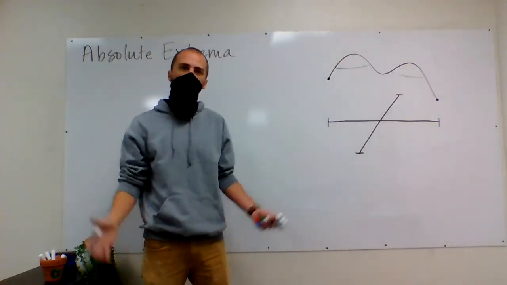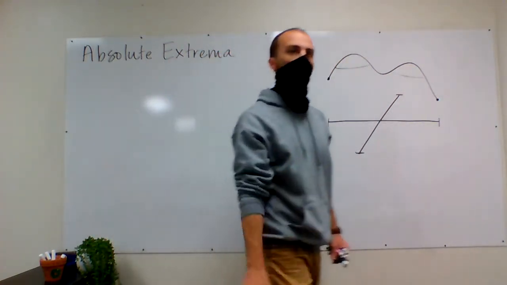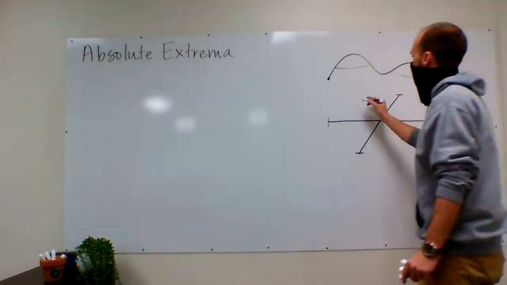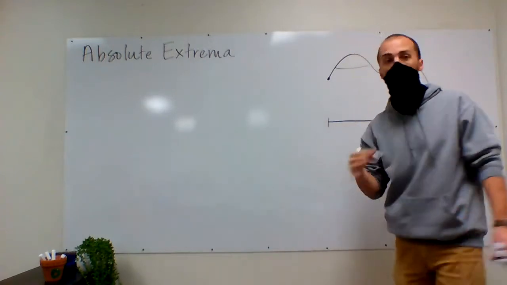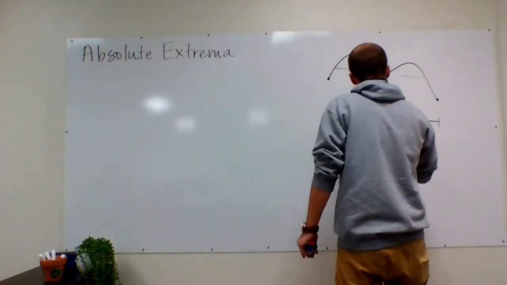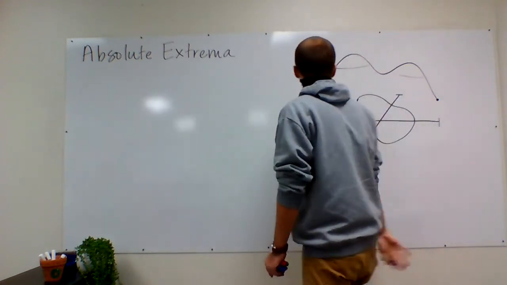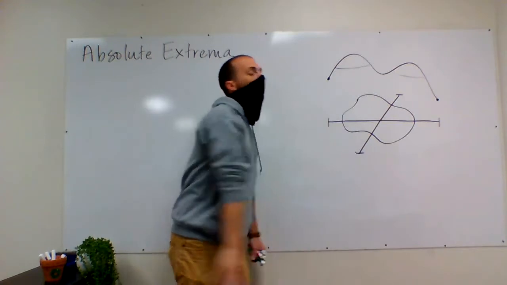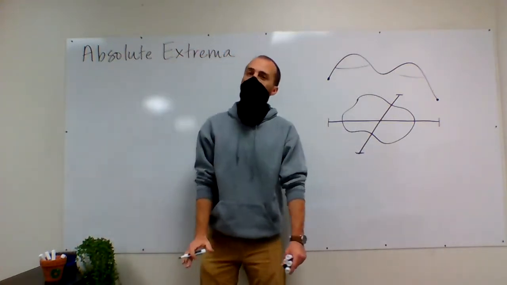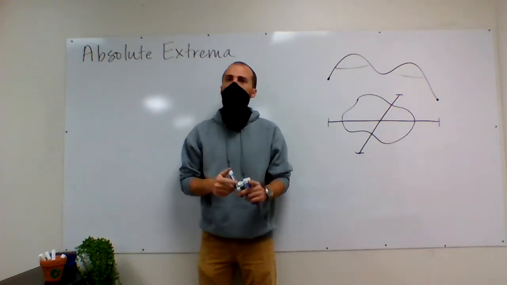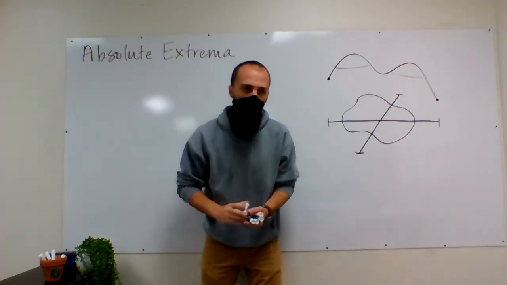The idea is that instead of a closed interval, we're going to have a closed region in the plane, and we want to maximize a two-variable function over that region. Now, it won't be quite as easy as plugging in the two endpoints, but the concept is exactly the same.